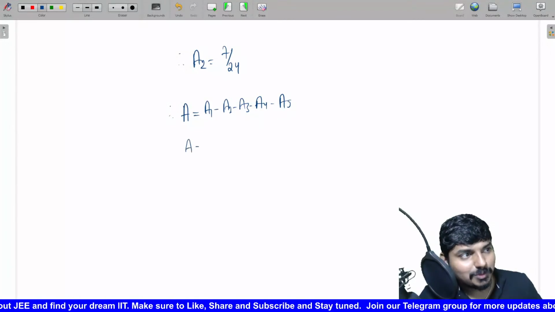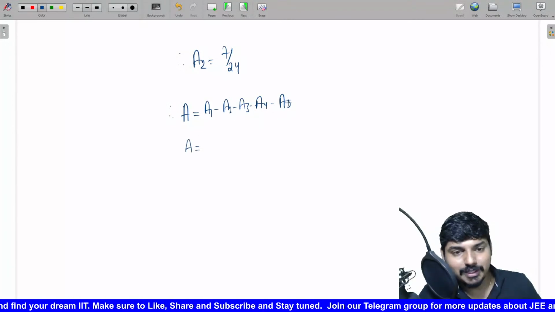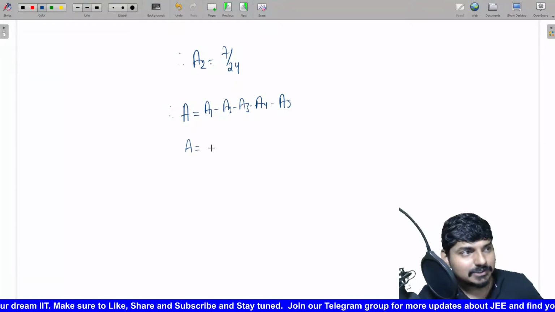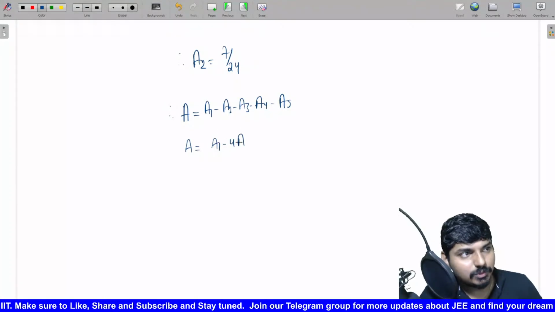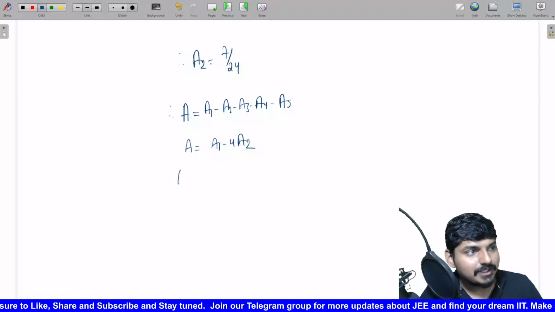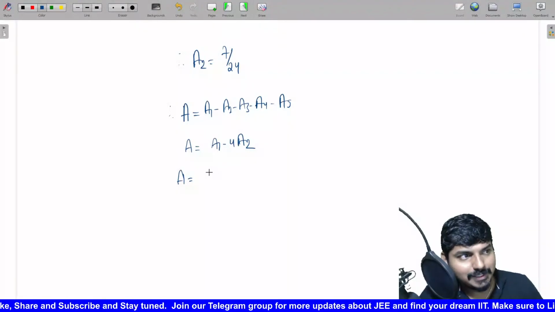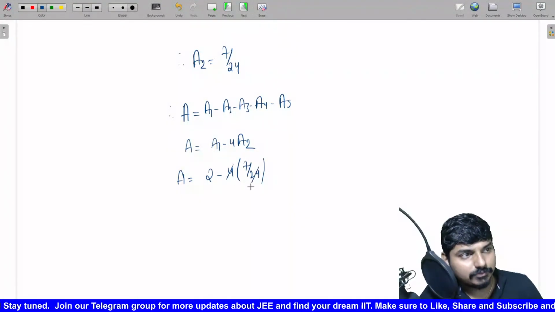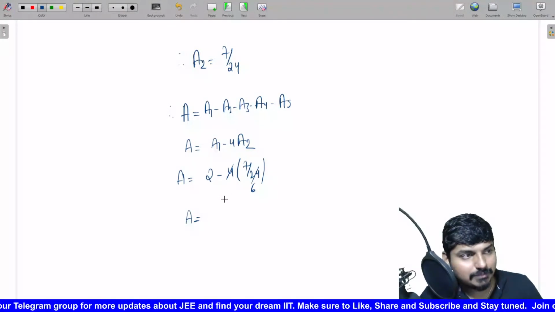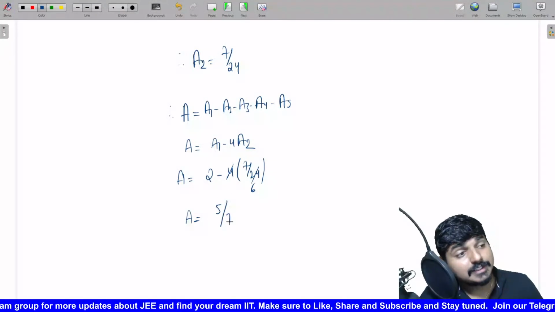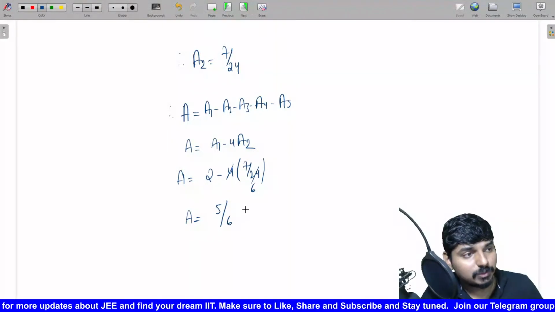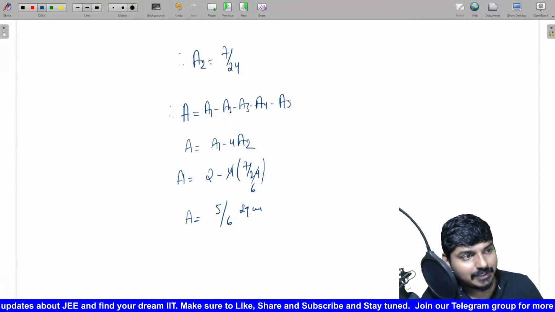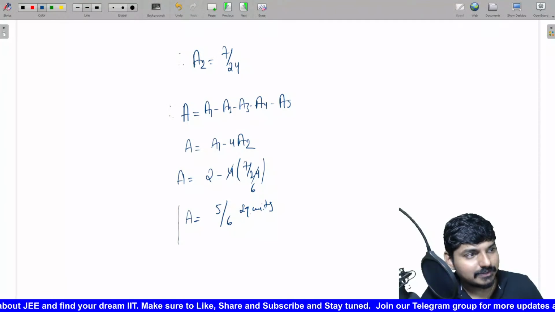But we do know that A2, A3, A4 and A5 are basically the same. So A1 minus 4A2 is going to give you the answer. A1 is going to be 2 into 4 into 7 by 24. So A is going to be 12 minus 7, which is 5. So 5 by 6 is going to be the required area in this particular case, everyone.